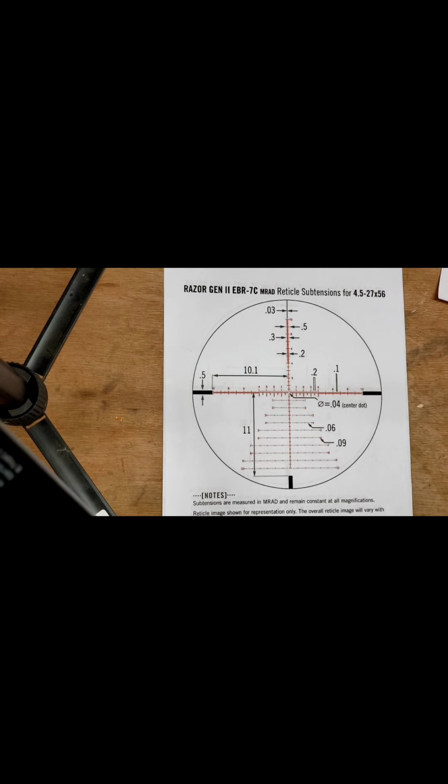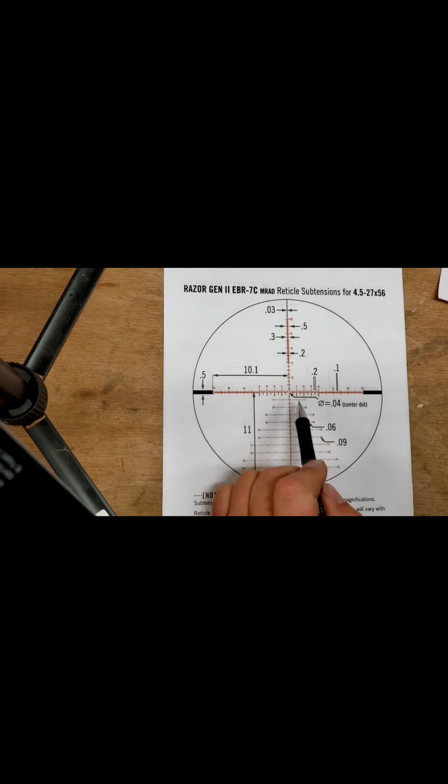Alright, so another feature that I'm going to suggest you need on your scope for shooting a match is a first focal plane. What that means is that the reticle changes size with the magnification.